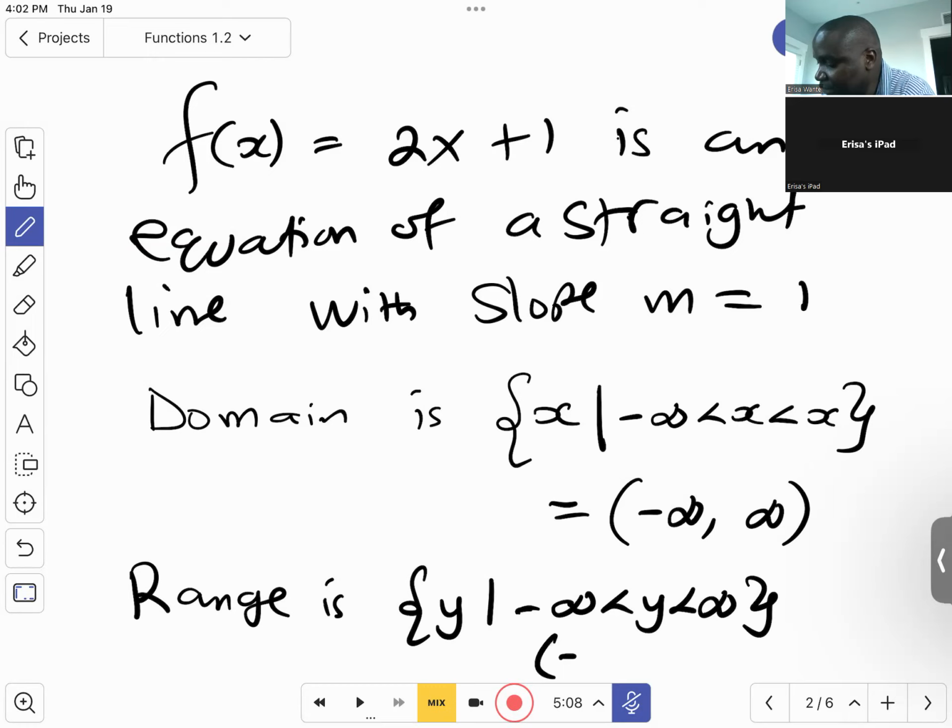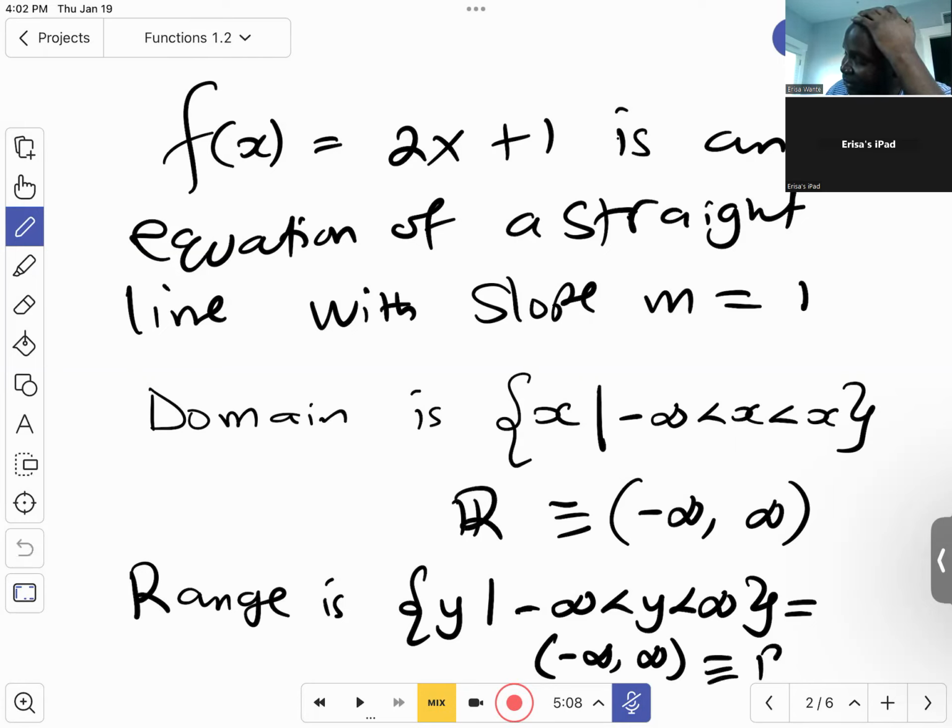In interval notation, this is negative infinity to positive infinity, and the end values are not included. This is the real line, so both x and y are real values extending from negative infinity up to positive infinity.